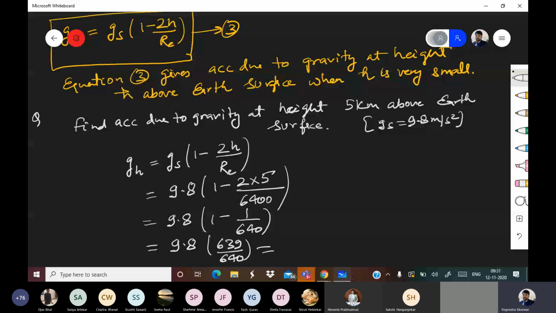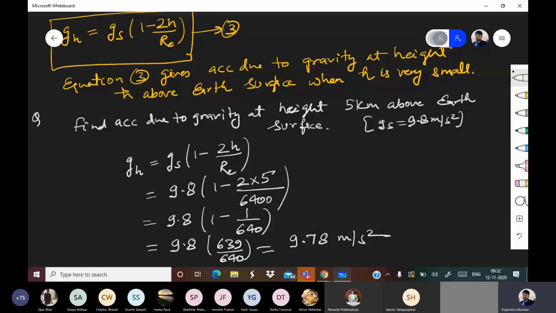So this value comes out to be 9.78 meters per second square. How many of you are getting this? 9.78 meters per second square.